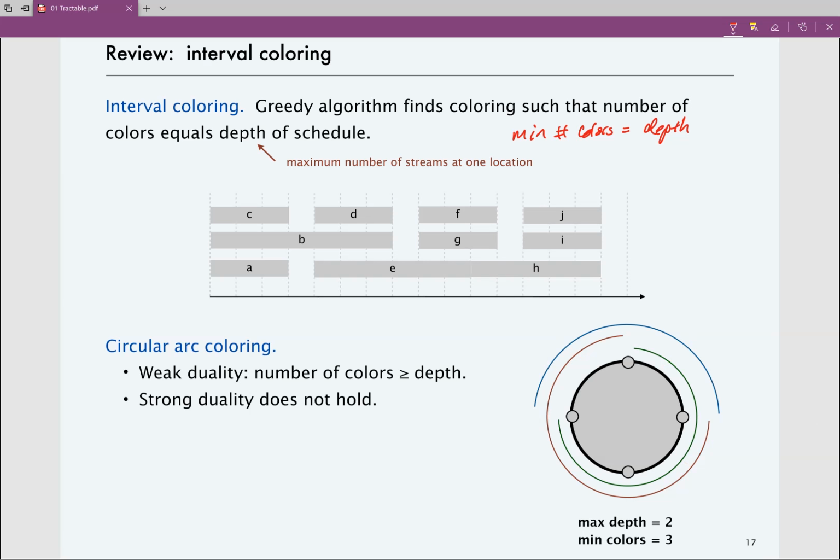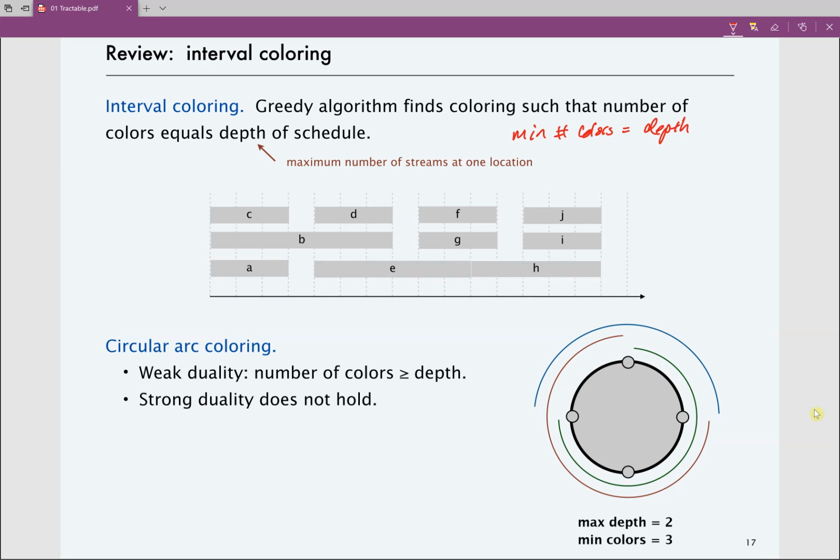Basically, you can start out with, let's say, the blue and the red. But then that's going to force this interval over here. This interval has intersections both with the blue part and with the red part, so it needs a 3rd color.